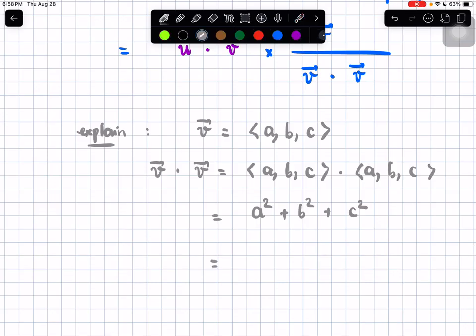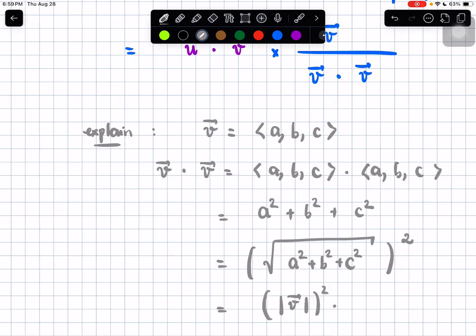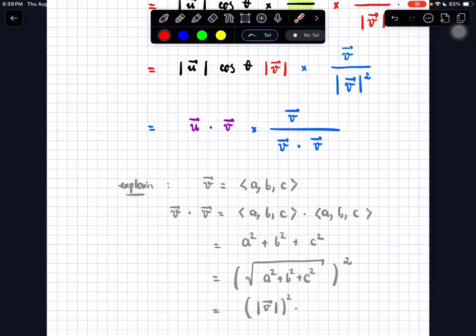But this is also the square root of A squared plus B squared plus C squared, squared. What happens inside the square root? Actually, this square root is the length of v. So it is the length of v squared. It is v dot v.